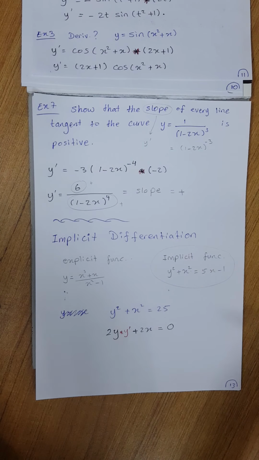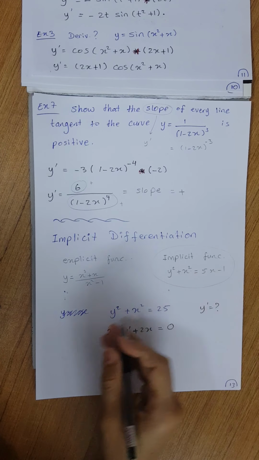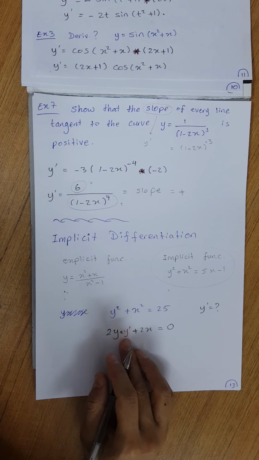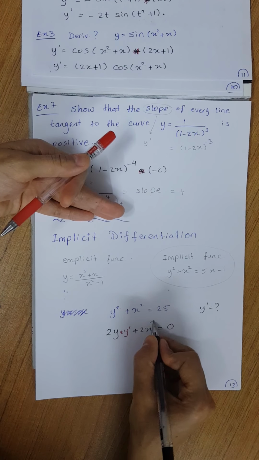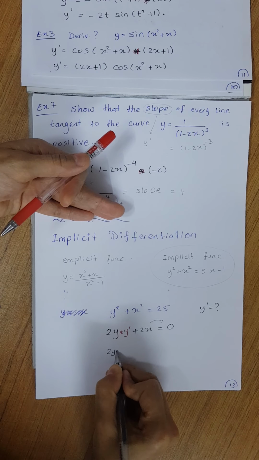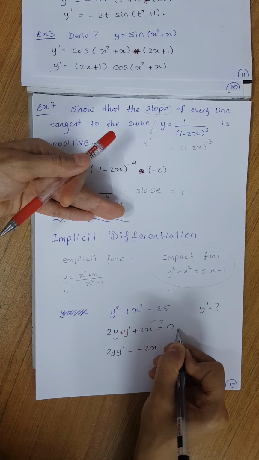If it is required from you to find y prime, we are doing the arrangements. To find y prime here, I have to take this bit to the other side, okay? So 2y, y prime is equal to minus 2x because I took this one to the other side.